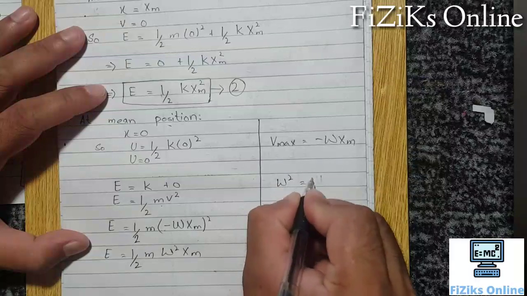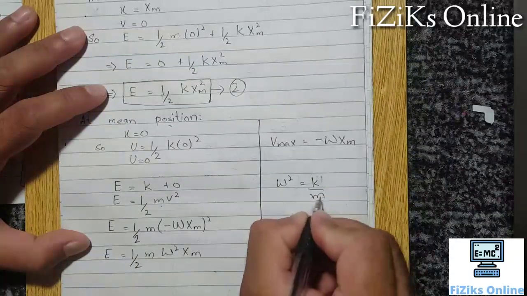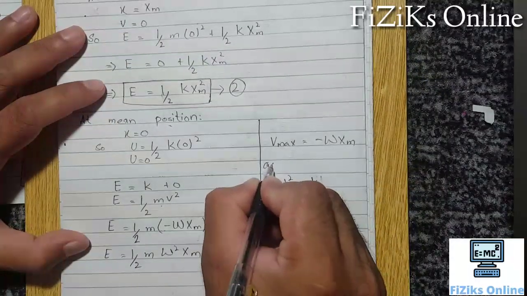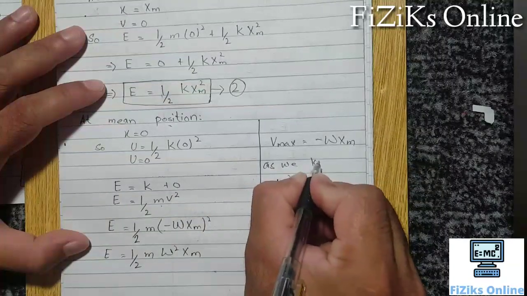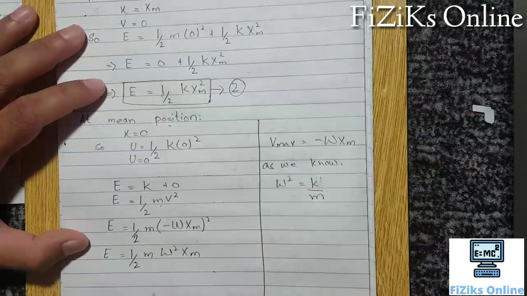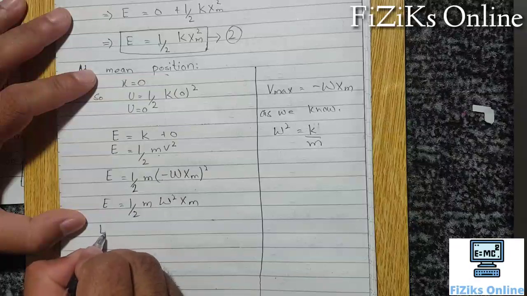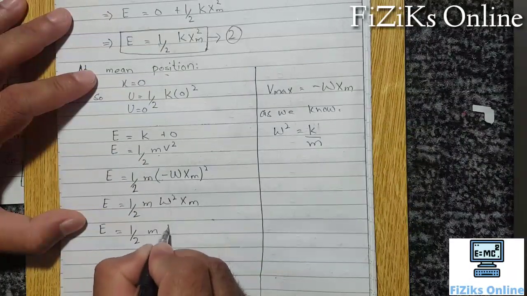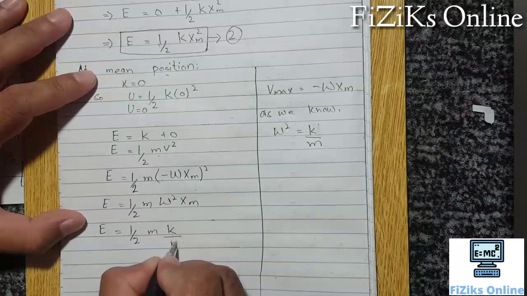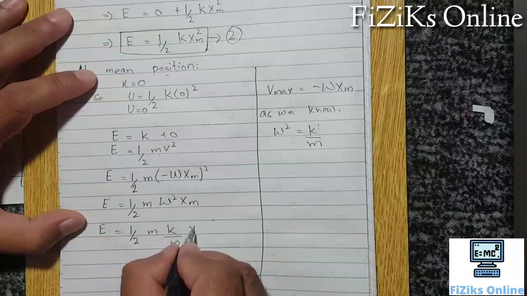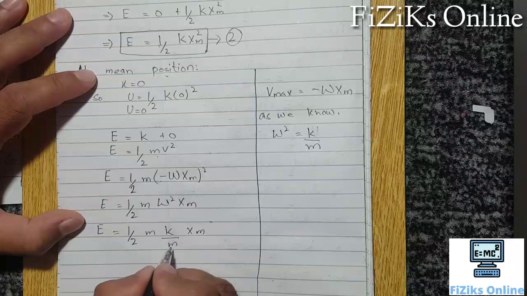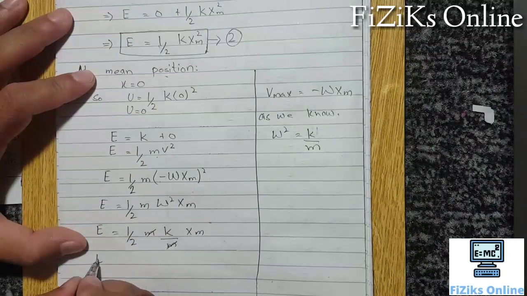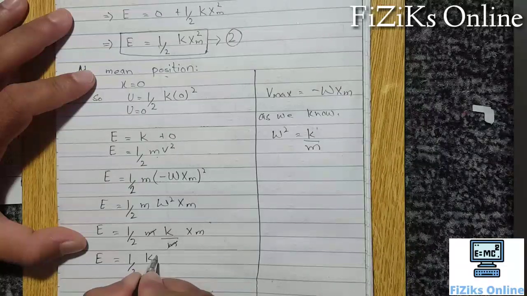Omega square equals k by m, as we know. So E equals half m into k by m into xm square, E equals half k xm square.